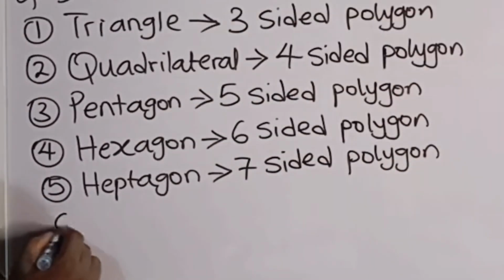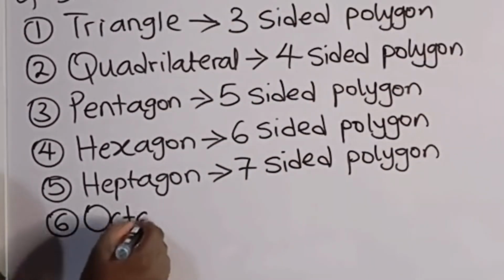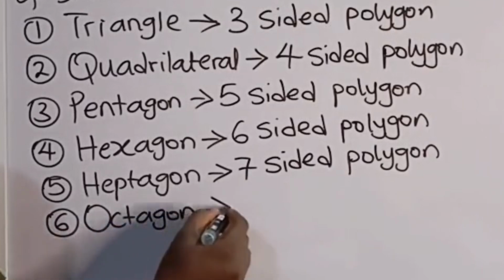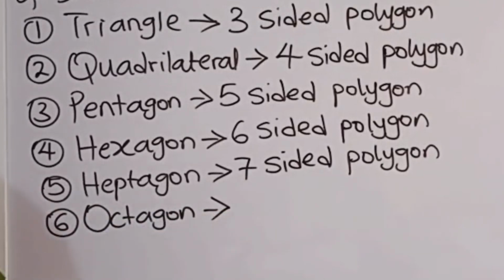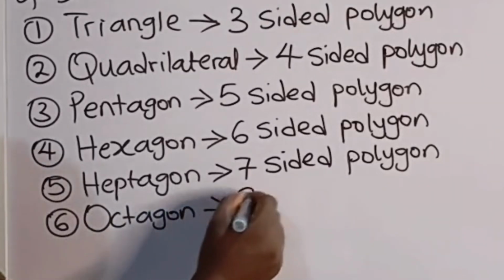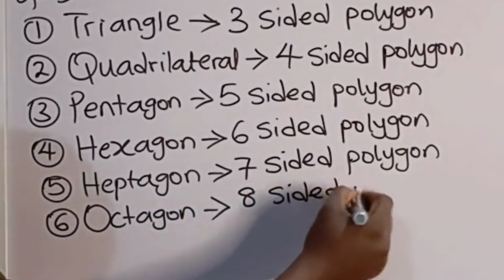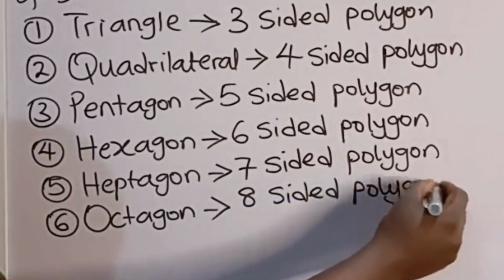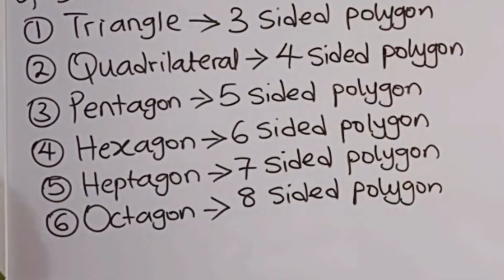Number 6, octagon. An octagon is a polygon with 8 sides. Number 7, I'm going to squeeze in these last 2.